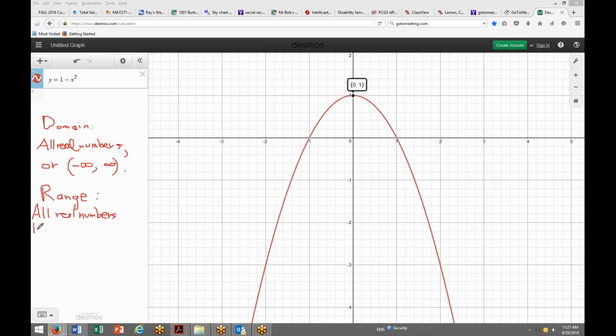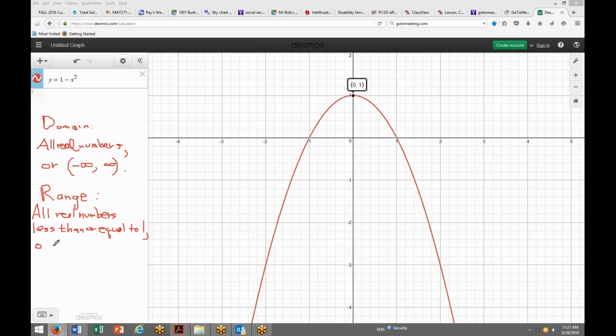All real numbers less than or equal to, because that maximum value 1 is included in the range set, less than or equal to all real numbers less than or equal to 1.